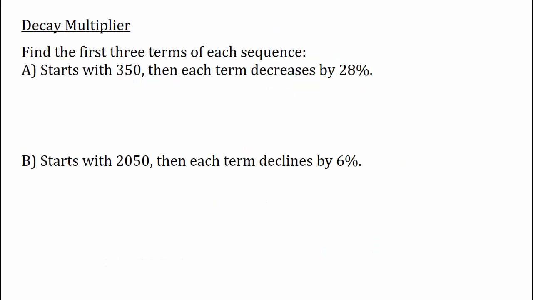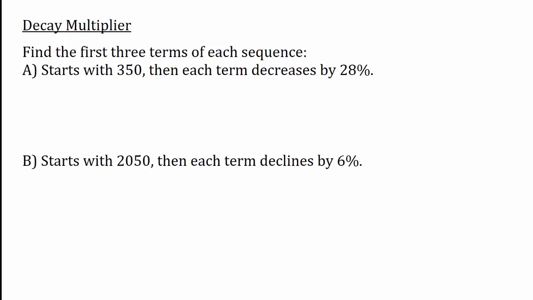Let's practice writing sequences with decay multipliers. We're going to find the first three terms of each sequence. In the first one, the sequence starts with 350, then each term decreases by 28%. Let's figure out the decay multiplier. 1 minus 0.28 equals 0.72.